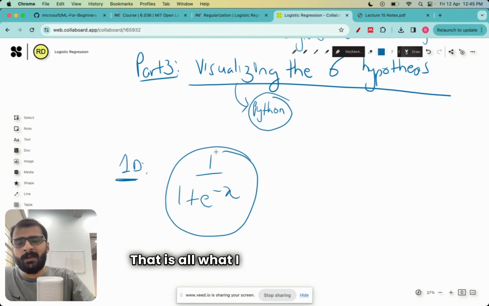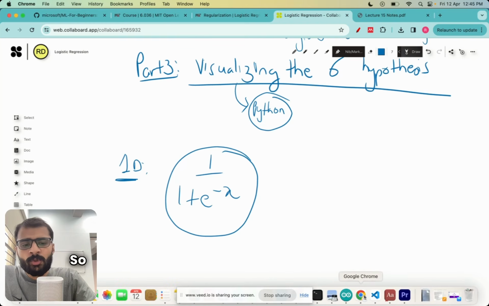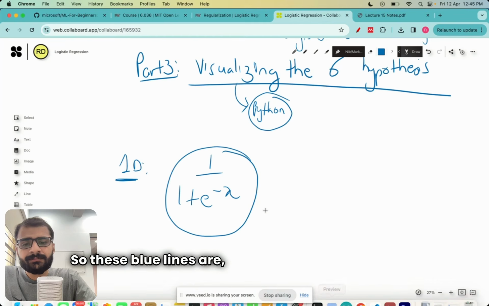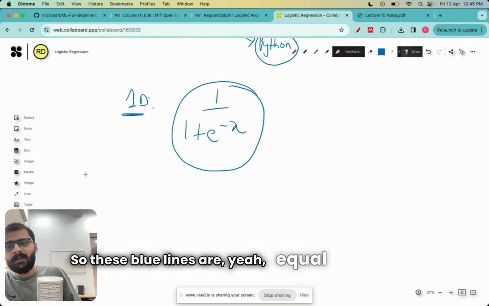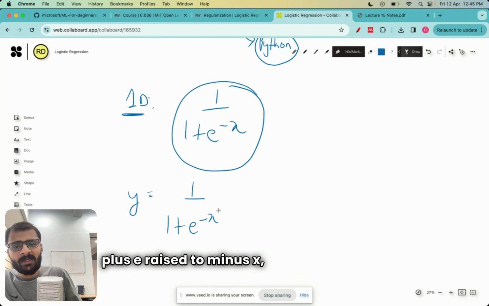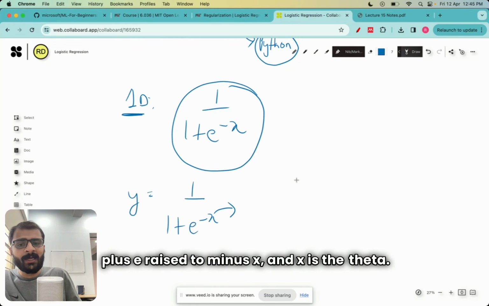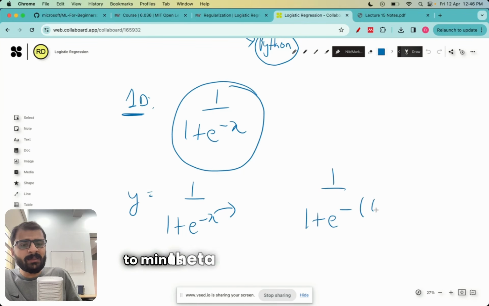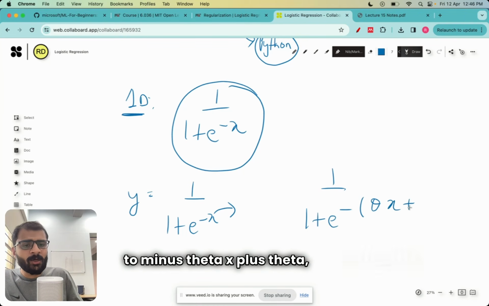That is all I'm plotting here. So these blue lines are y equal to 1 upon 1 plus e raised to minus x, and x is the theta. So 1 upon 1 plus e raised to minus theta x plus theta naught.